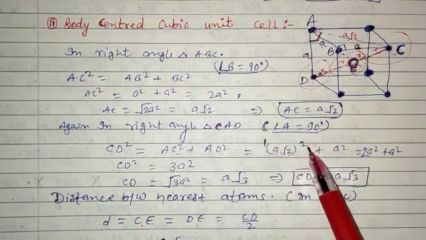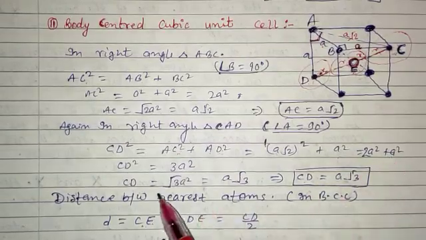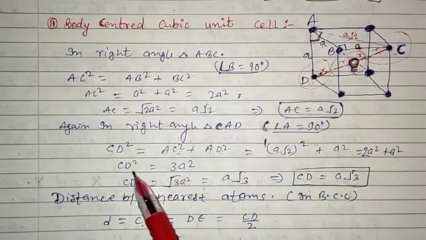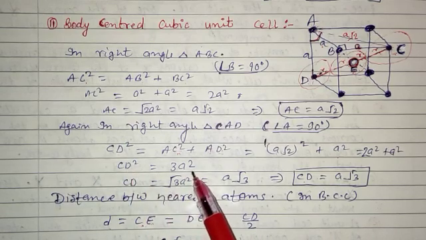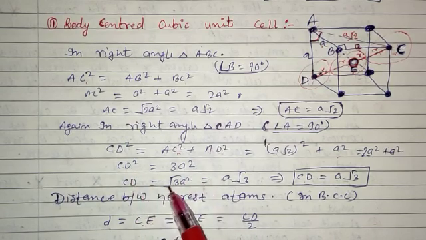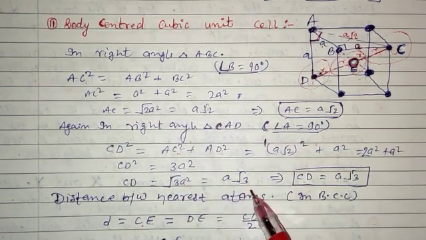A root 2 whole square means 2a square plus a square. This becomes 3a square. So CD, that is diagonal of the cubic cell, CD square equal 3a square and CD equal under root 3a square. This becomes a root 3.